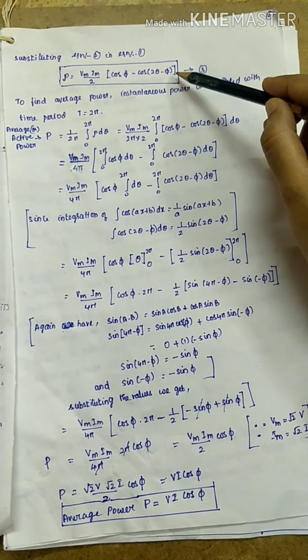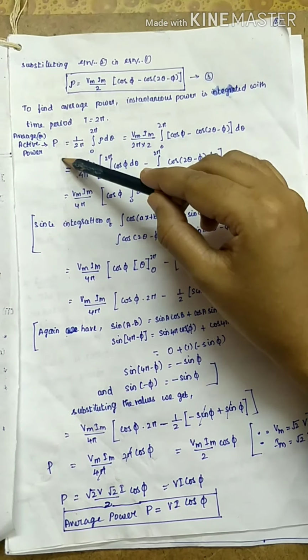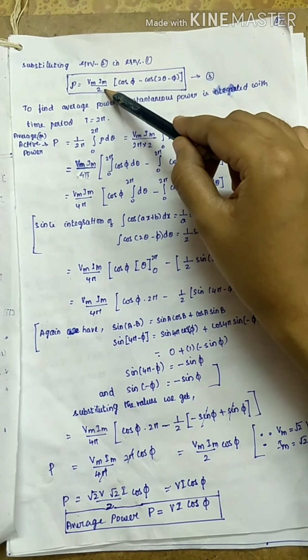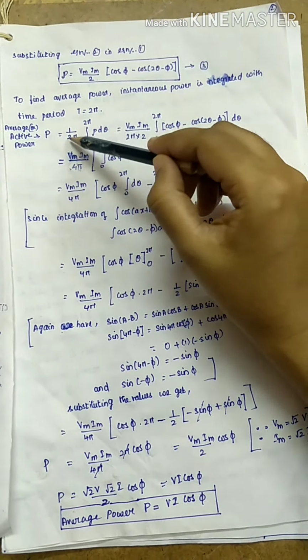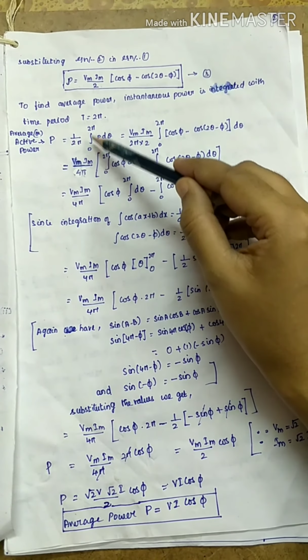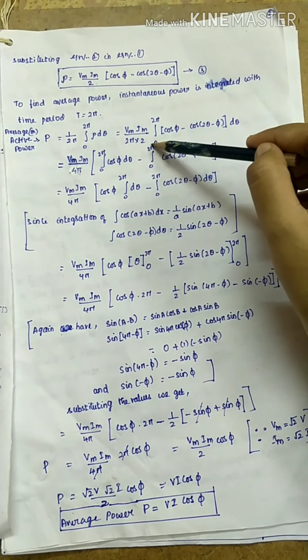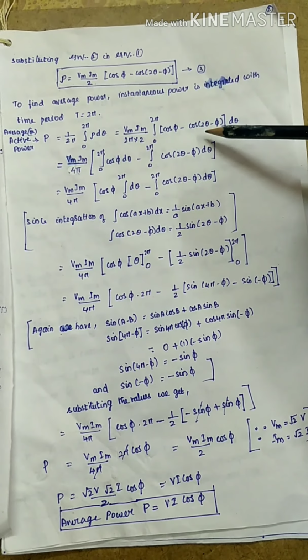Instantaneous power cannot give the average power of the AC circuit. To find the average power, I am going to integrate this instantaneous power. The time period taken is T is equal to 2 pi. So it is 1 by 2 pi, integral from 0 to 2 pi, of the instantaneous power p d theta. I substitute the instantaneous power value and integrate it.